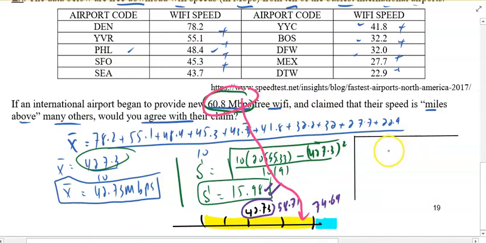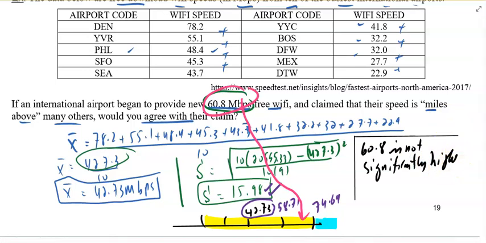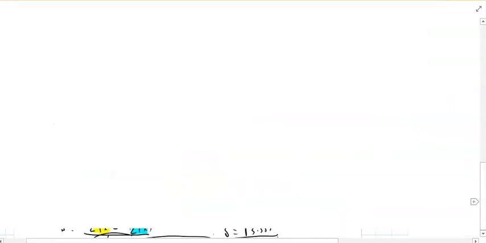So what's our conclusion? Our conclusion is that 60, it might seem to be really high, but it's not significantly high. To be considered significantly high compared to everything else, it should be more than 74.69. At least 2 standard deviations above, that would be significantly high.